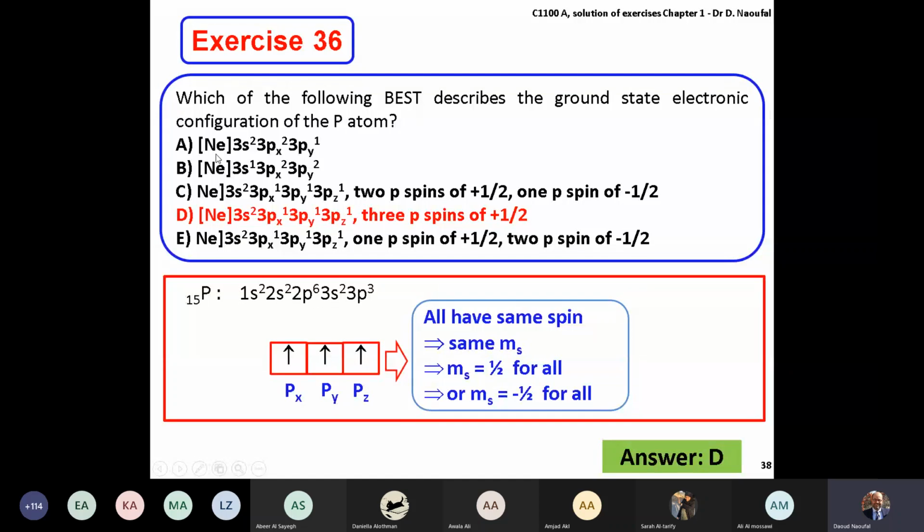We pass to the proposed statements. A, neon 3s2, 3p2, 3p1. This is incorrect according to Hund's rule. B, neon 3s1, 3p4.